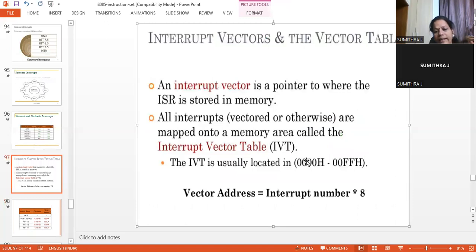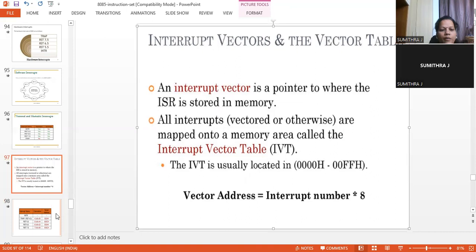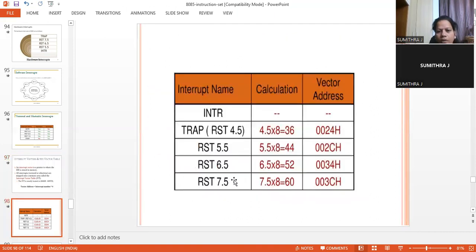So how do we identify the vector location of such interrupts? The vector address can be determined by just multiplying the interrupt number by 8. For example, if you want to know the vector location of INTR, it is not possible, as I already told you this is a non-vectored interrupt. Then TRAP is otherwise known as RST 4.5. In order to know the vector location, we just multiply the interrupt number by 8.